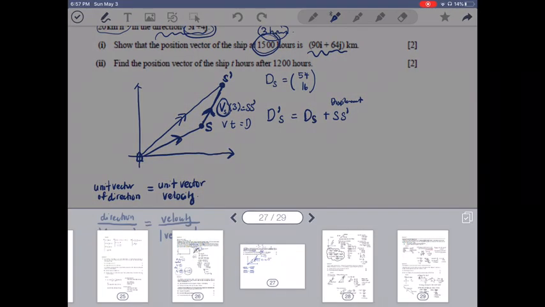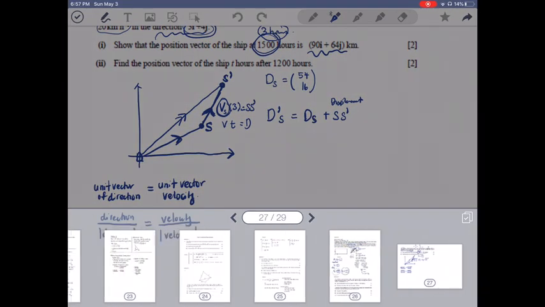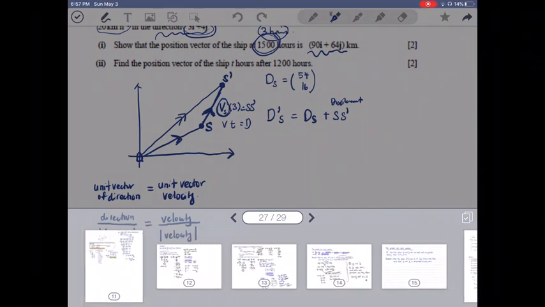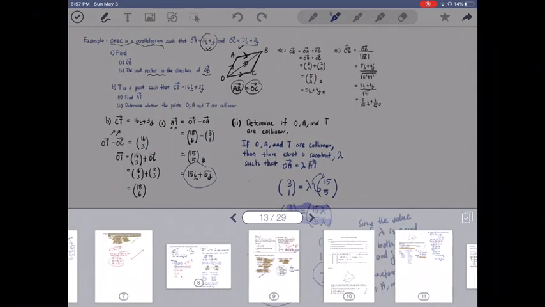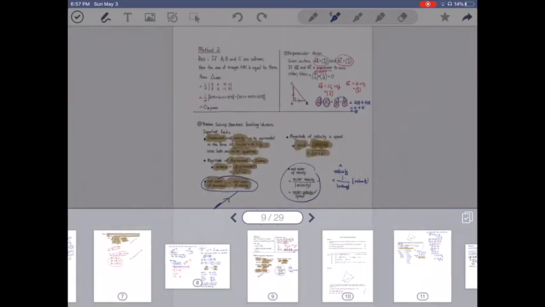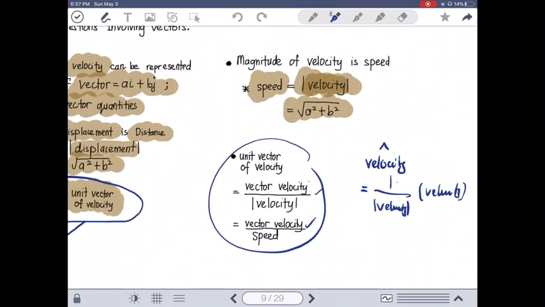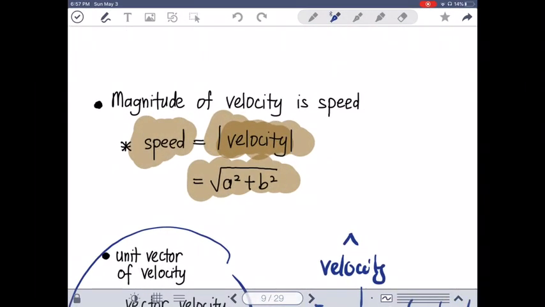And we also know from our previous class that the magnitude of a velocity vector is just speed.